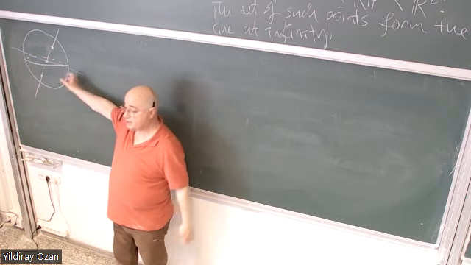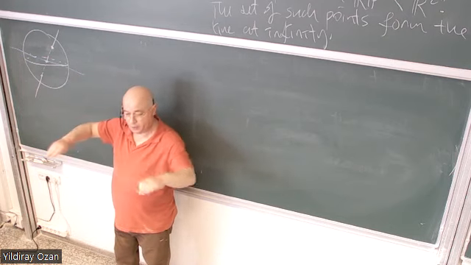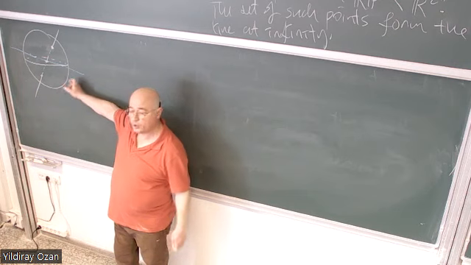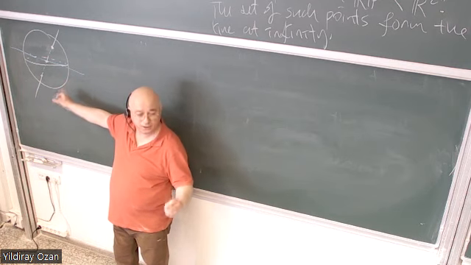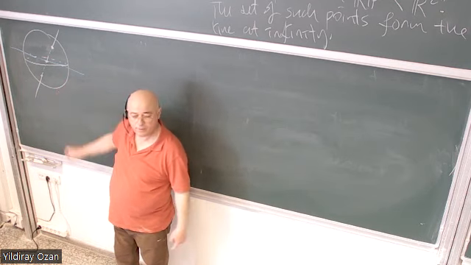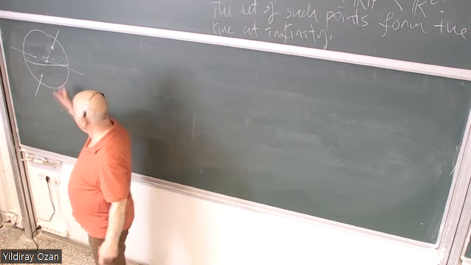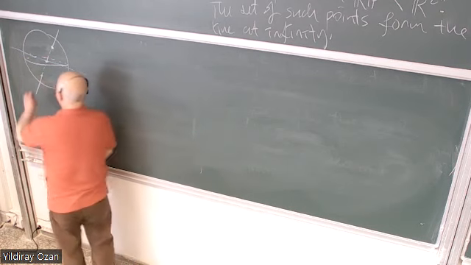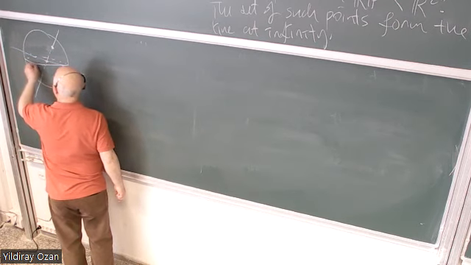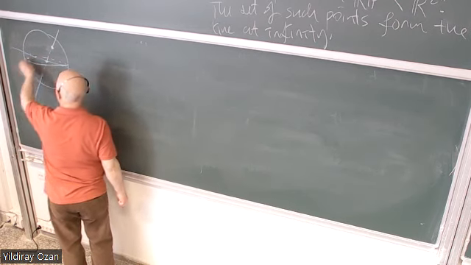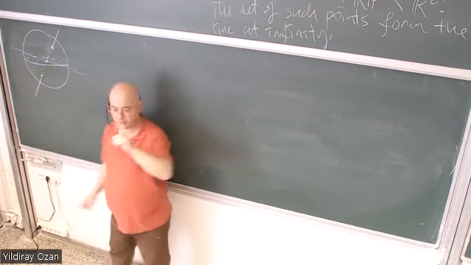Therefore, we don't see this on the usual plane. Okay, it corresponds to a point at infinity. Okay, so the points at infinity actually formed by the pairs of points on the equator.